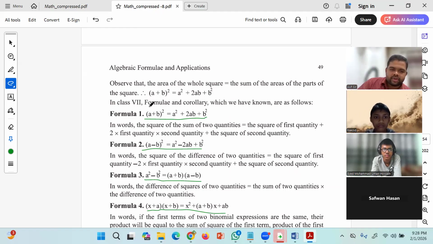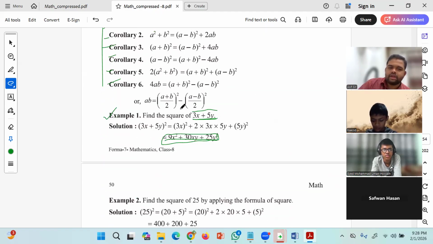Okay, so the first formula is (a plus b) whole square equals a square plus 2ab plus b square. Remember that. Here, the expression is given as 3x plus 5y. If we consider 3x as x and 5y as y, then it looks like x plus y.